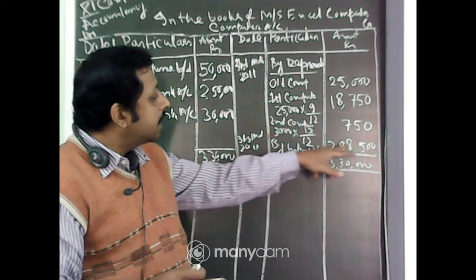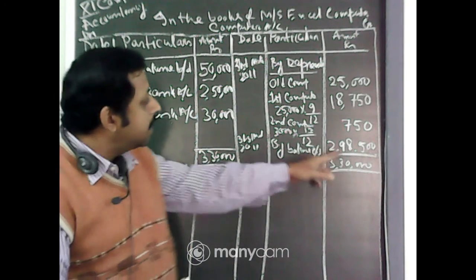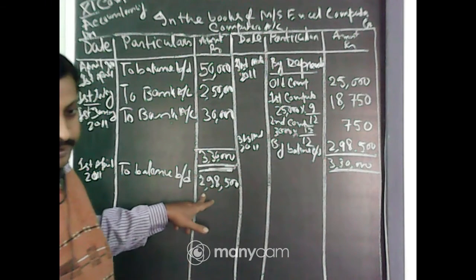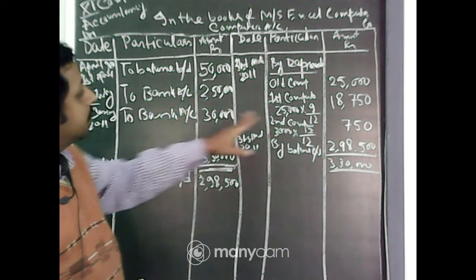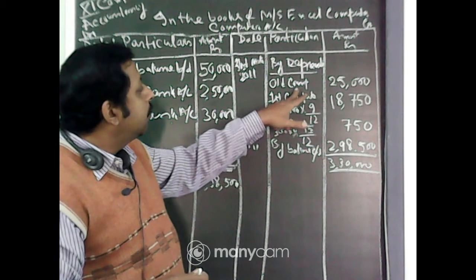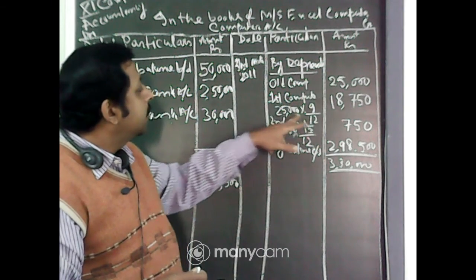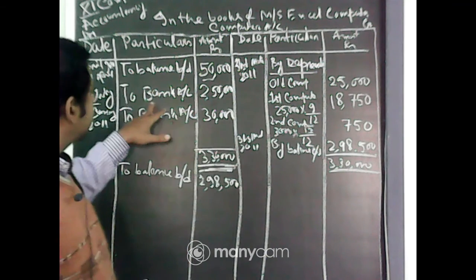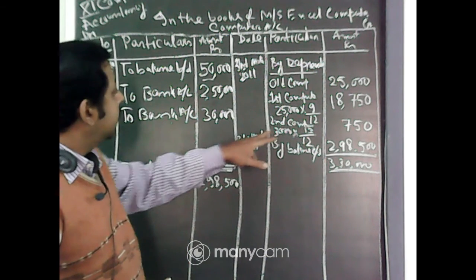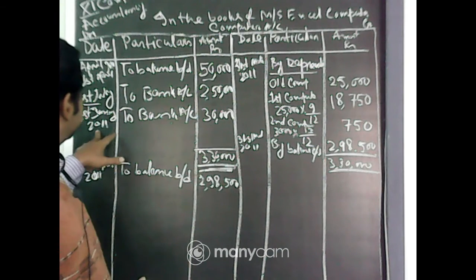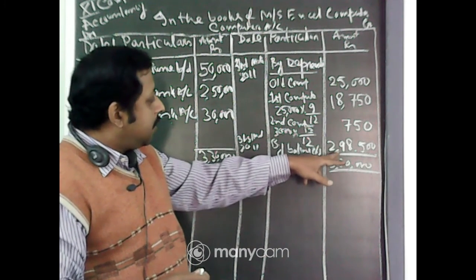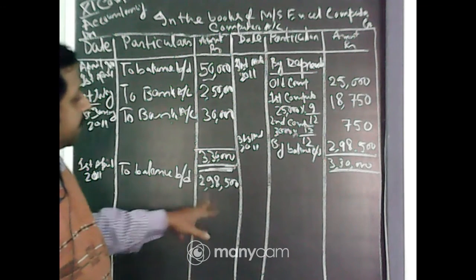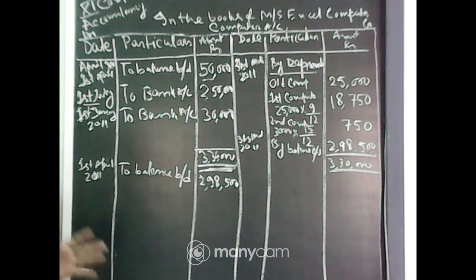Okay, that is 2,98,500. That balance you have to transfer to the next year. Because on the credit side you only charge the depreciation of the machinery. All are the old machinery depreciation. It is the first computer, which was actually purchased on 1st July, and the second computer depreciation, which we purchased on 1st January, and the rest of the balance will come to the next year as per the ledger process.